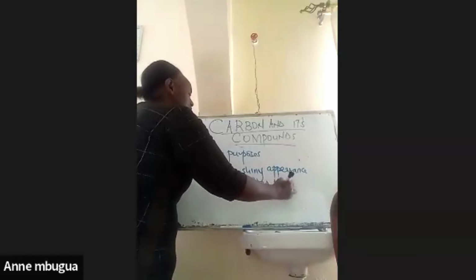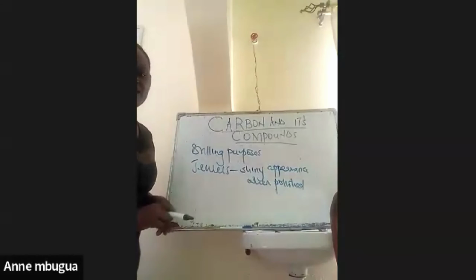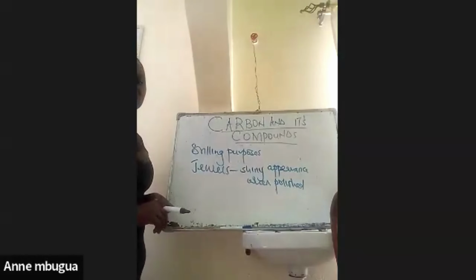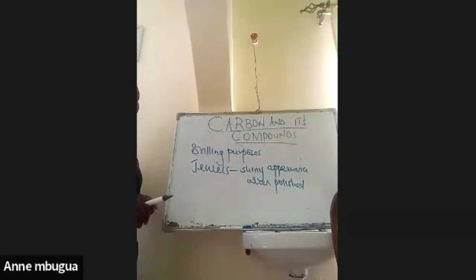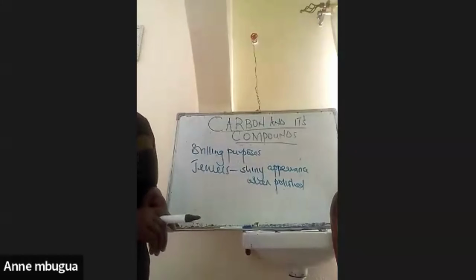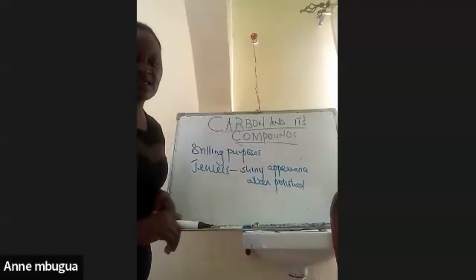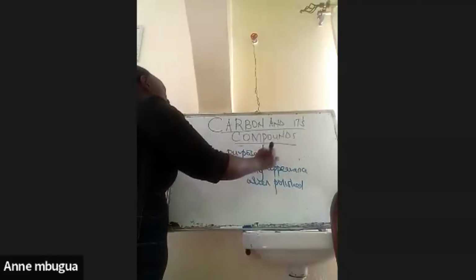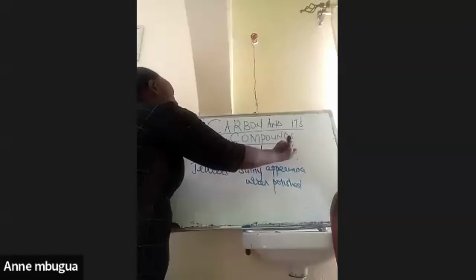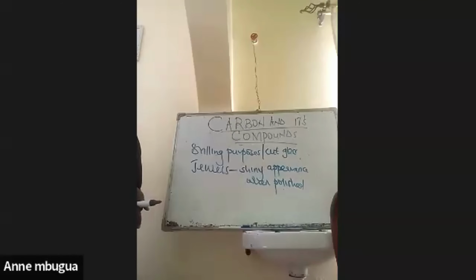This is due to its shiny appearance when polished. So those are the uses of diamond based on its properties. It is used to drill or to cut glass, and this is due to its hardness. We just explained why it is very hard.